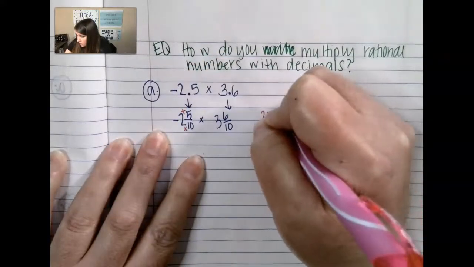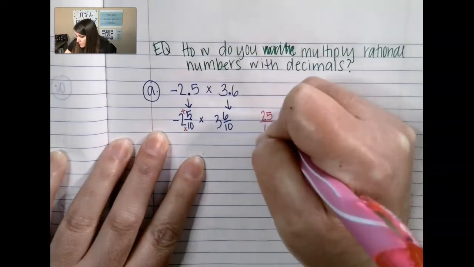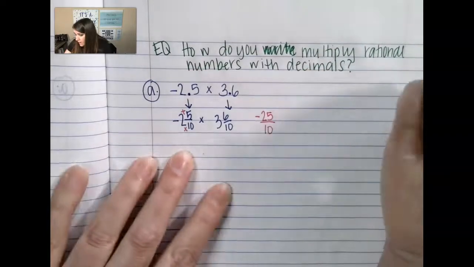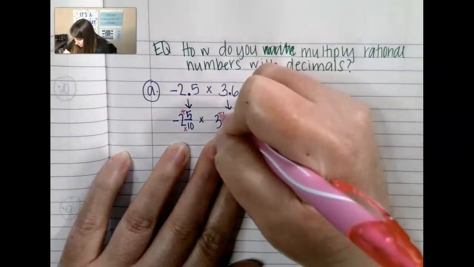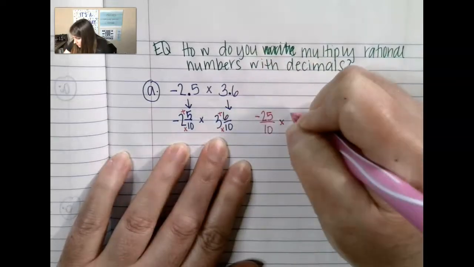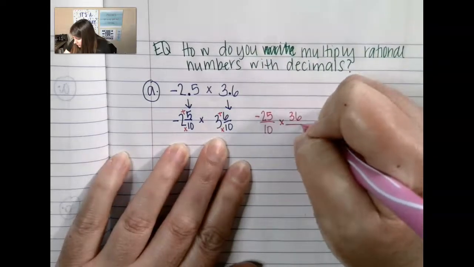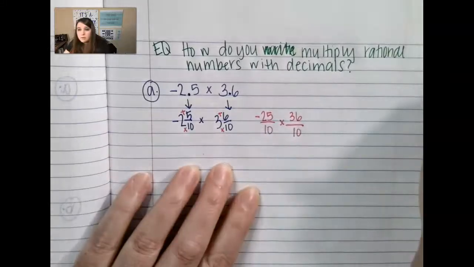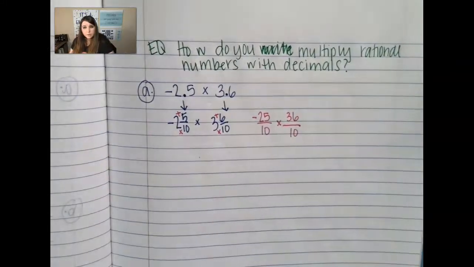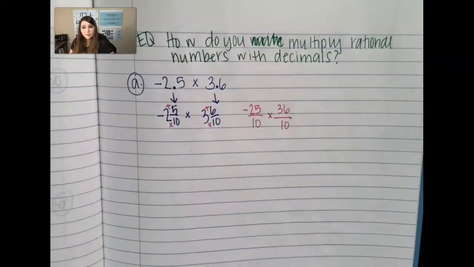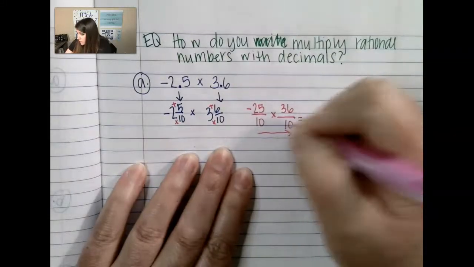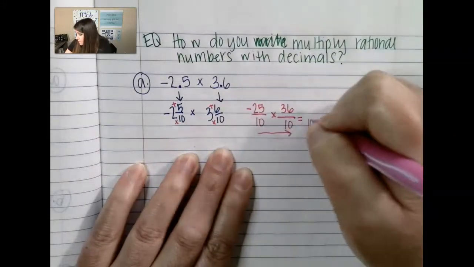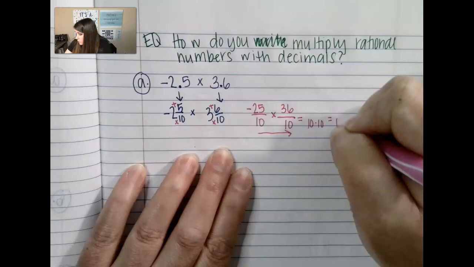We get negative 25 over 10 times 36 over 10. Now we're going to multiply straight across. 10 times 10 equals 100.